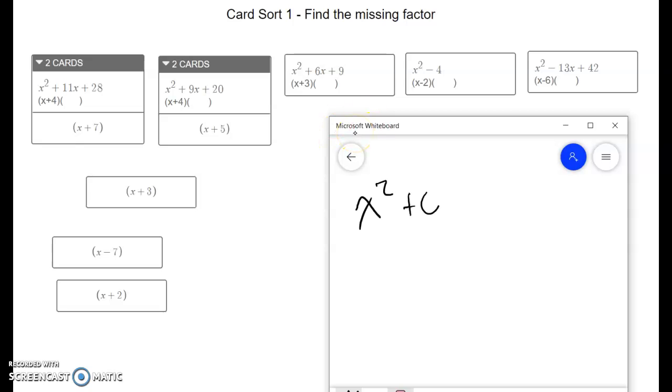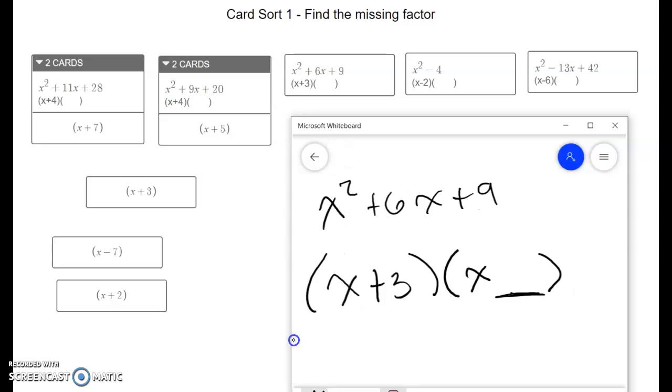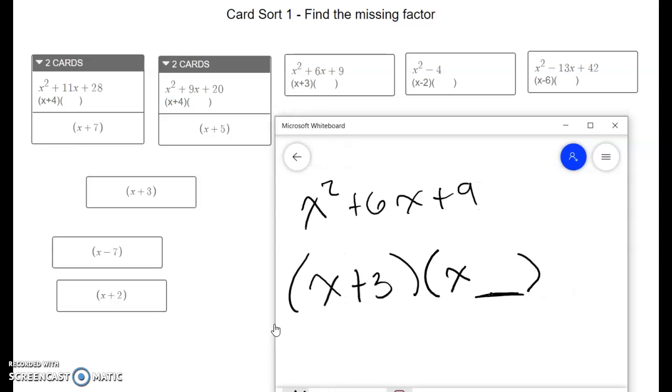All right, so this is what I'm doing essentially. I have x squared plus 6x plus 9. So what I have here is already plus 3. I know that since this is x squared, the first number has to be x, right? Now I just need to figure out what is going to go here. Well, I do have some options. I have 3, -7, and 2. Here's how I think of it.